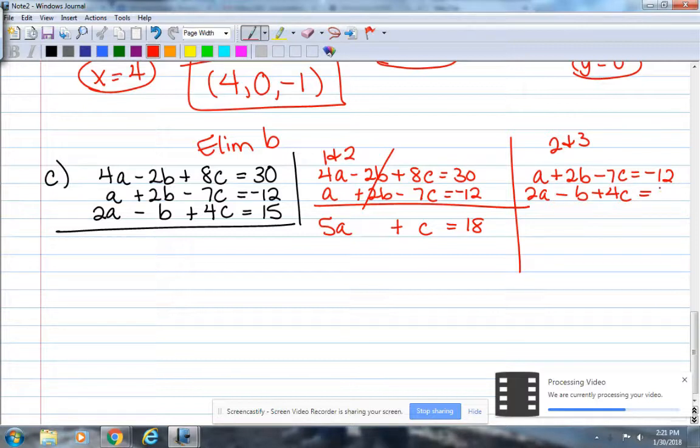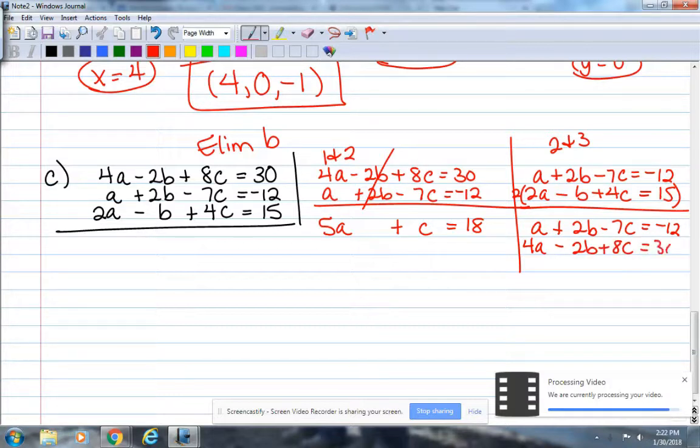Watch the magic happen. If we multiply the bottom row by 2 and keep the top, then we get 4a minus 2b plus 8c equals 30. B's cancel. I get 5a plus 1c equals 18.